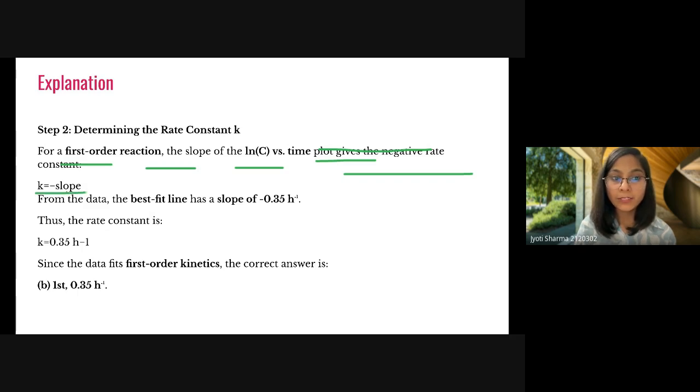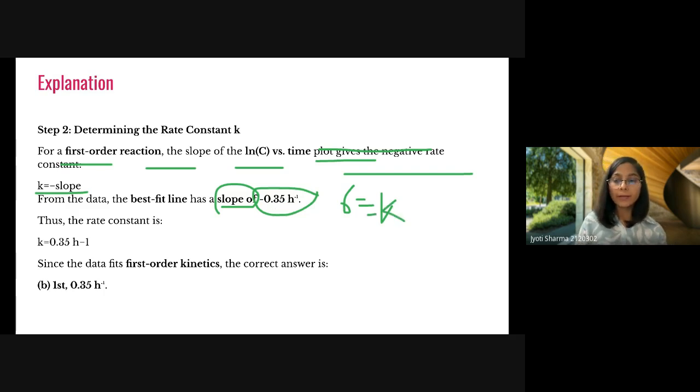Here the slope is minus k, and whatever slope value we have will give you the rate constant. Whatever the slope value you will have, that will give you the value of k, and this is how you get k equal to 0.35 per hour. I think this is clear how you can calculate.